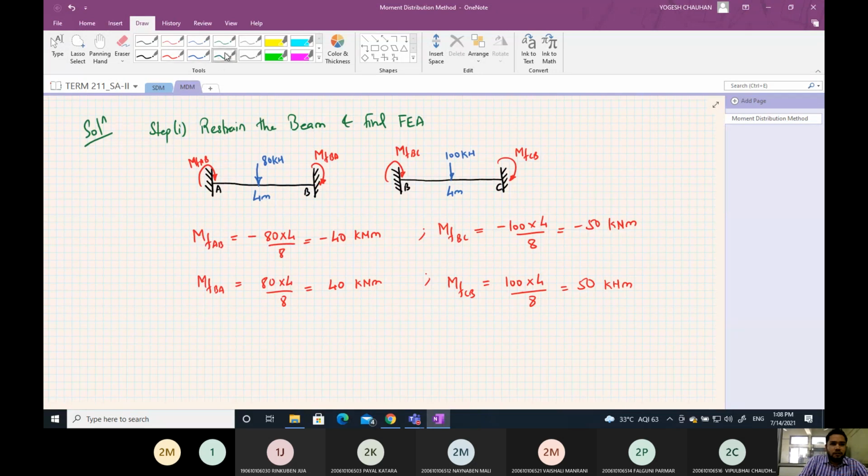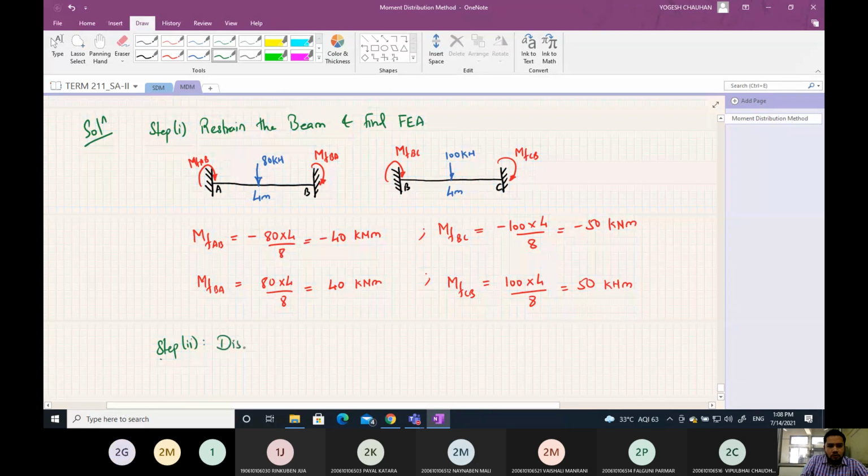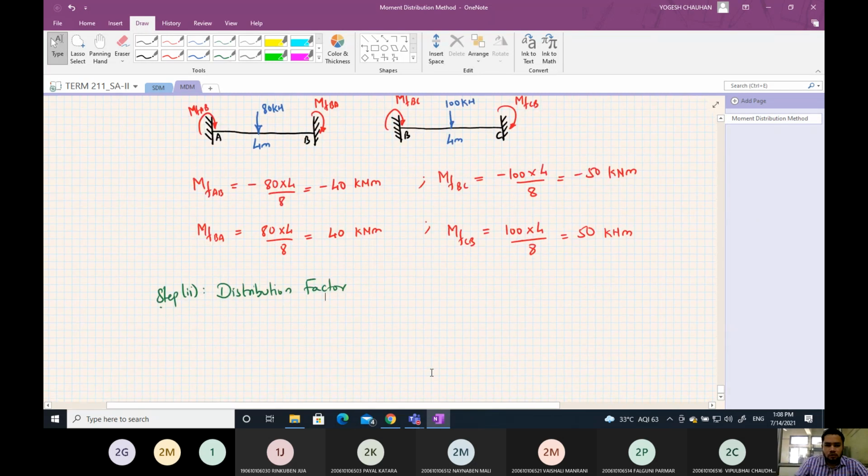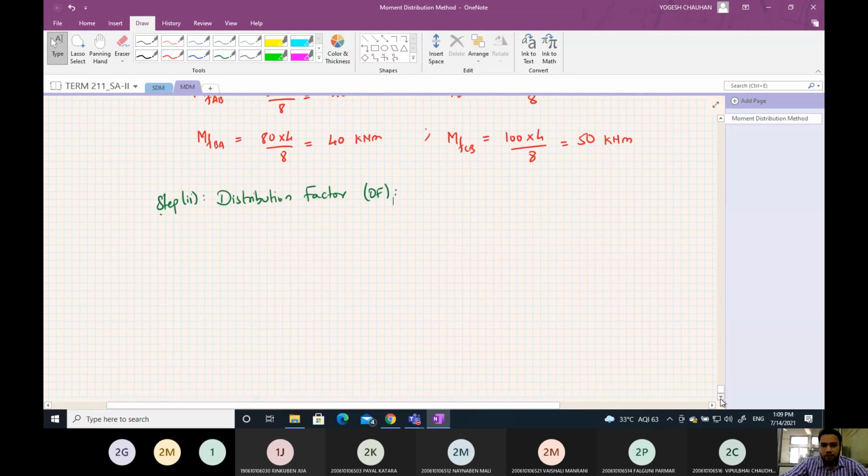Now the next step is to find the distribution factor. For that, let us make a table.